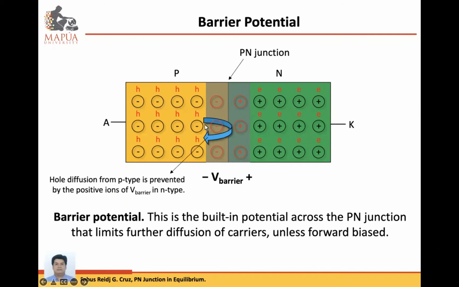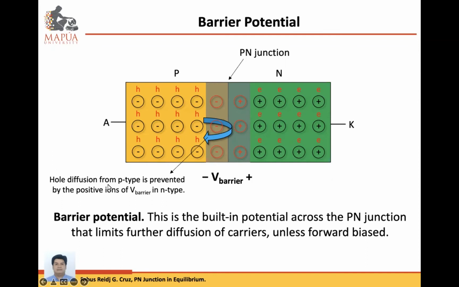So in this example, let's say you have holes wanting to diffuse across the N-type. Once we accumulate enough positive ions, the positive holes will eventually be repelled by the sufficient amount of positive dipoles. So when they attempt that, because of the enough positive charge, they will be repelled back to the P-type.